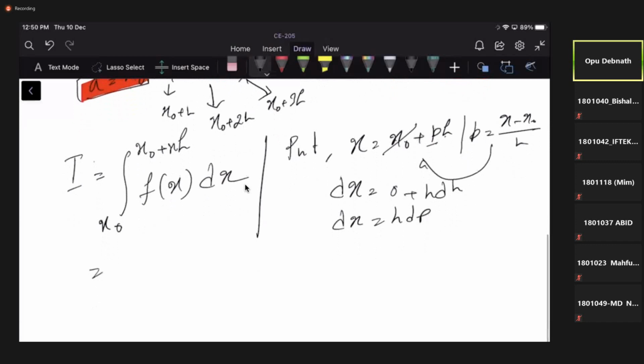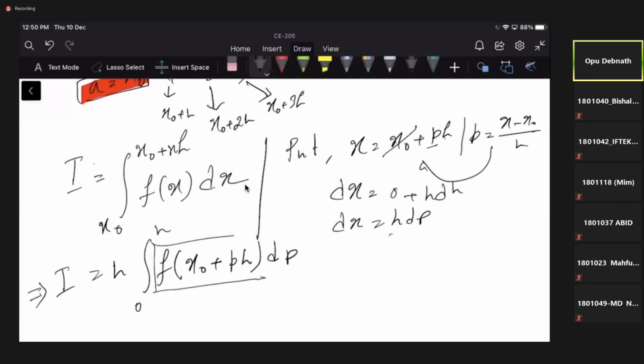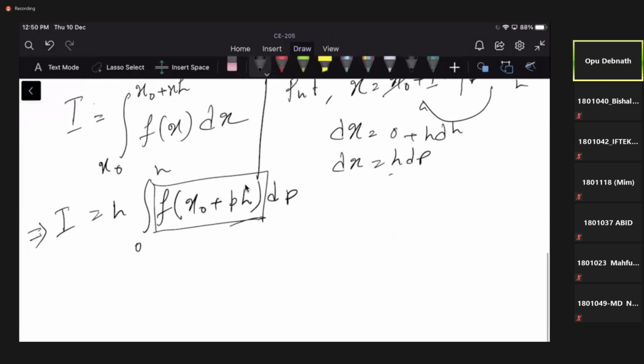So now change the total integration formula. After rearranging, you will find h, as it is constant, comes outside, the limits are 0 to n, and the integrand is function of x0 plus ph dp. Actually this x0 plus ph is nothing but y.